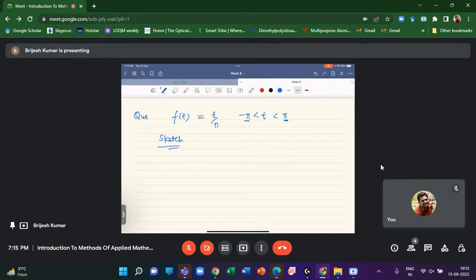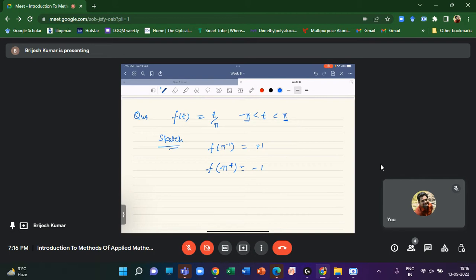Then divide the interval minus 1 and 1 into 2. So f of pi minus will be equal to t upon pi, which is plus 1, and f of minus pi plus will be minus 1, right?